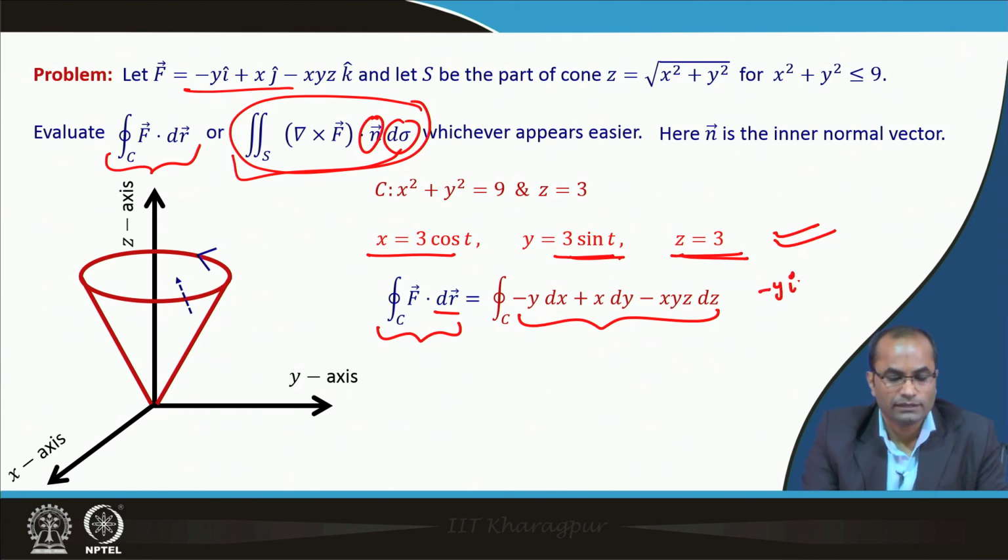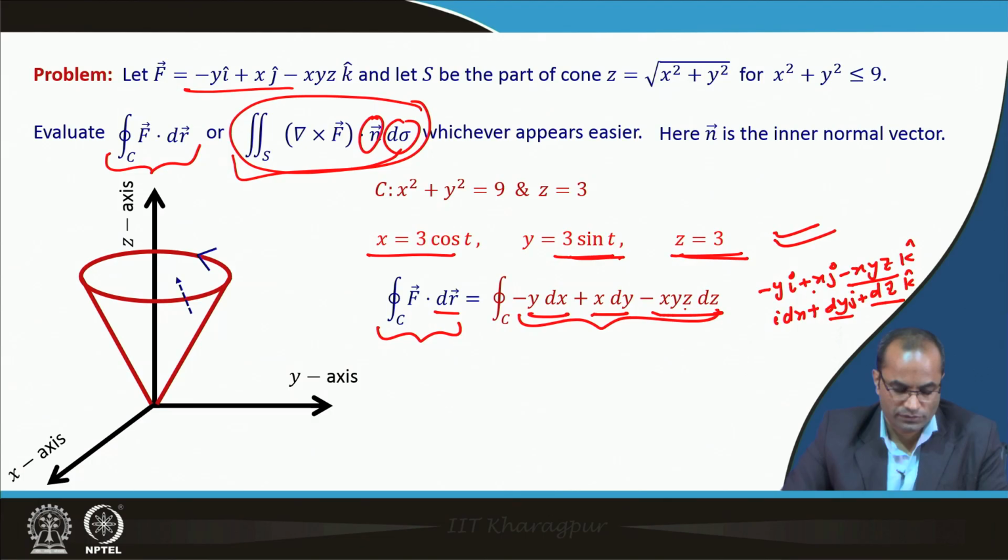Minus y i plus x j, then minus x y z k, dot product with dx i, dy j and dz k. So, this minus y dx will be there, x dy will be there, and minus x y z dz is there.